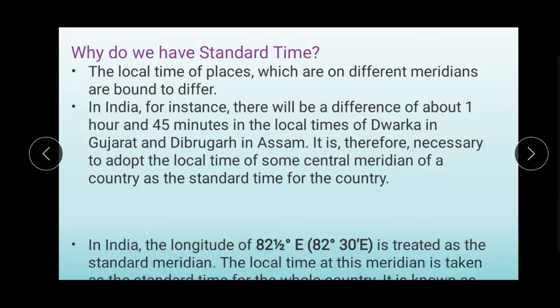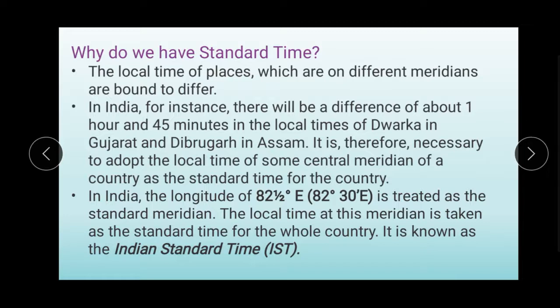In India, the longitude of 82.5 degrees east is treated as the standard meridian. The local time at this meridian, at 82.5 degrees east, is taken as the standard time for the whole country. Understood, children?